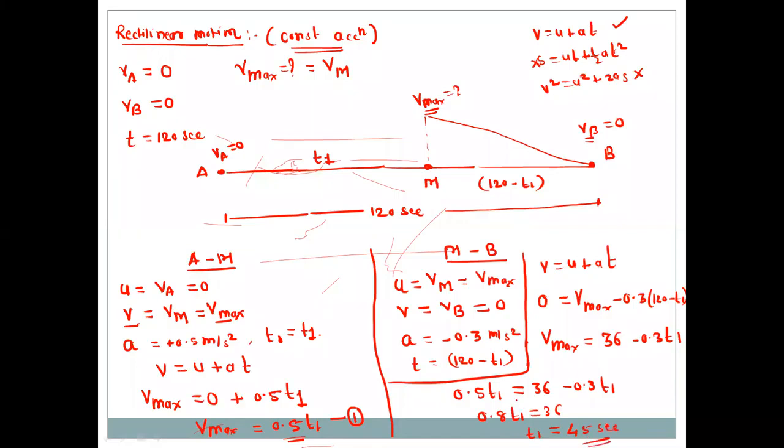This t1 is nothing but the time taken to cover the distance AM, so it is equal to 45 seconds.